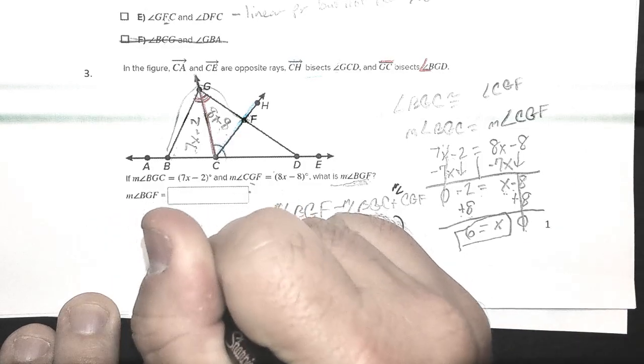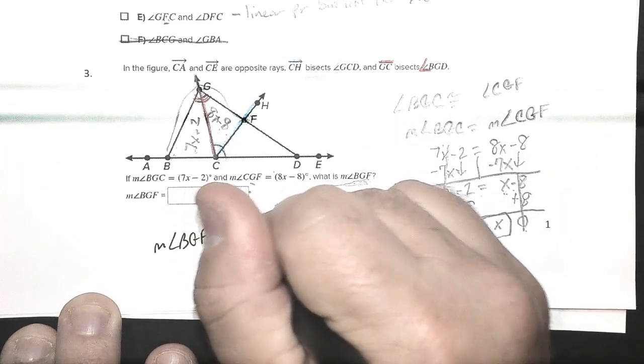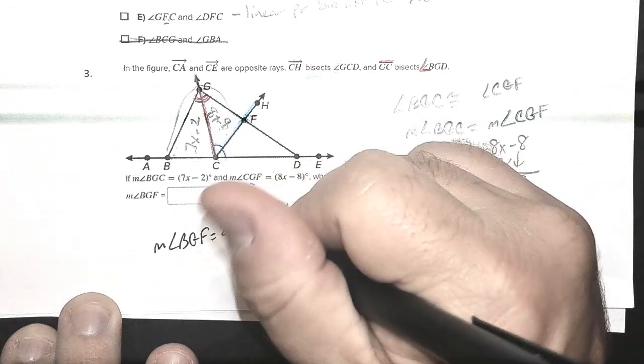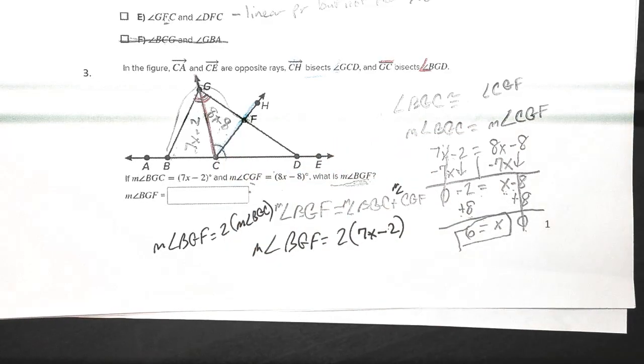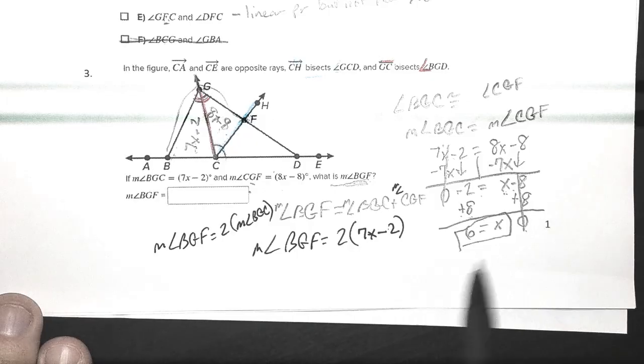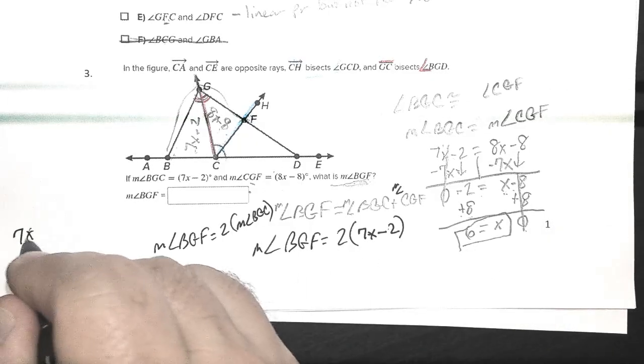So the measure of BGF equals 2 times the measure of angle BGC. All right, so over on the side here, let's just plug in 6 for x. So 7x minus 2.